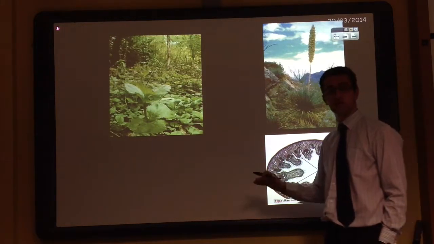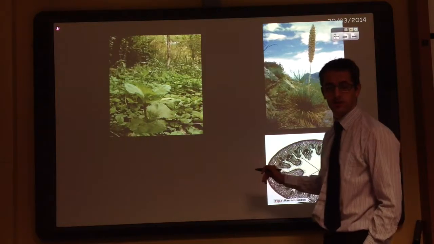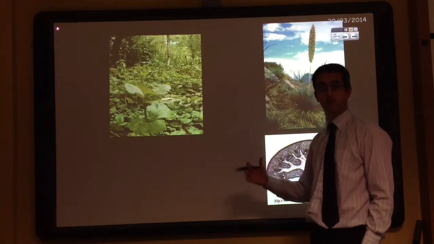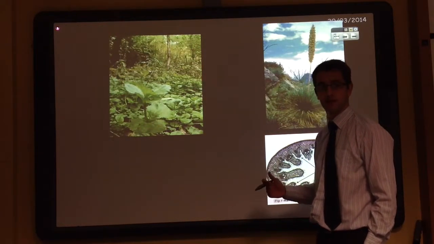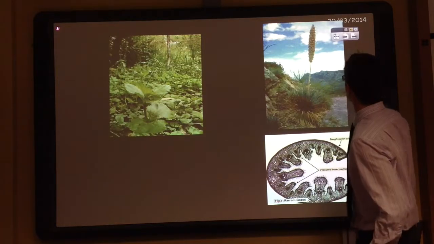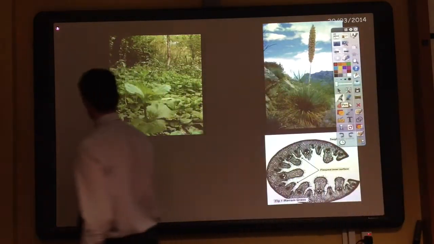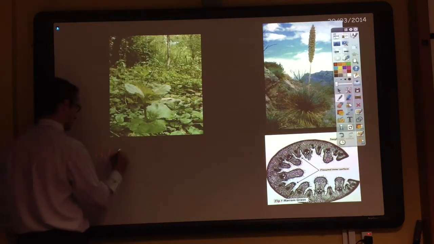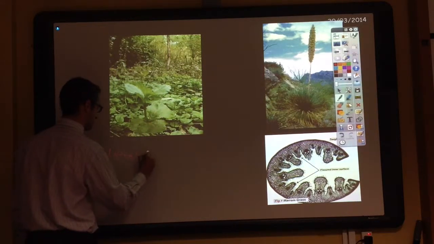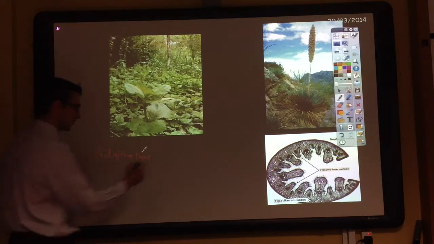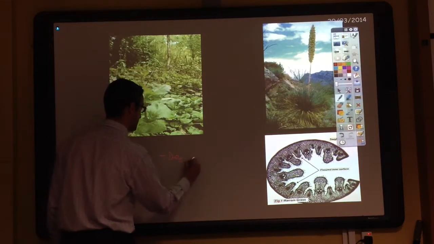So you could quite easily be given any particular organism and asked to identify the adaptations that it has. And crucially, the marks that they always give you are not just for identifying each adaptation, and describing what that is.